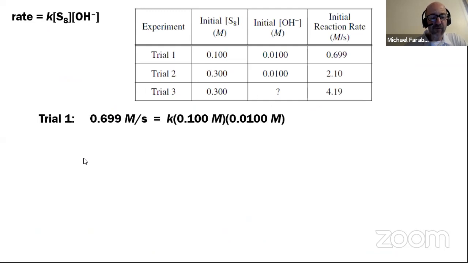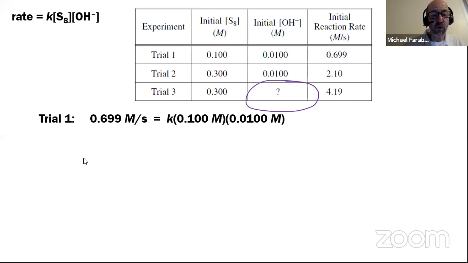One way you can solve for this question mark is you can go ahead and calculate the value of K. So in trial 1, we have an initial rate of 0.699 molarity per second, and that equals the rate constant, which we don't know yet, times the initial concentration of sulfur, which is 0.1 molar, and then times the initial concentration of hydroxide, which is 0.01 molar.